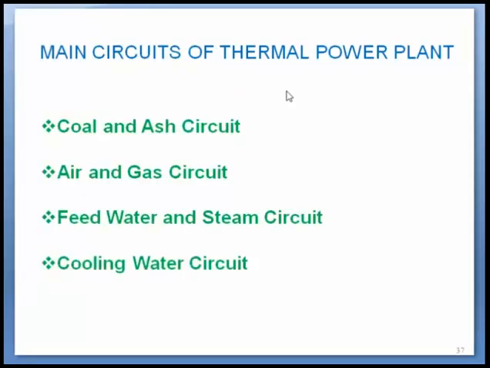The main paths or circuits used in thermal power plants are the coal and ash circuit, air and gas circuit, feed water and steam circuit, and cooling water circuit.